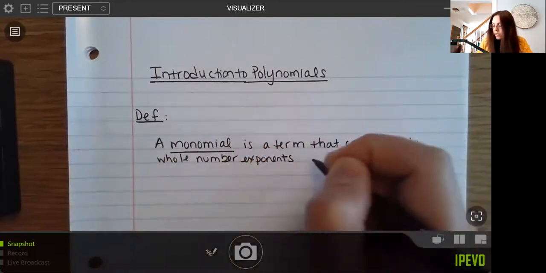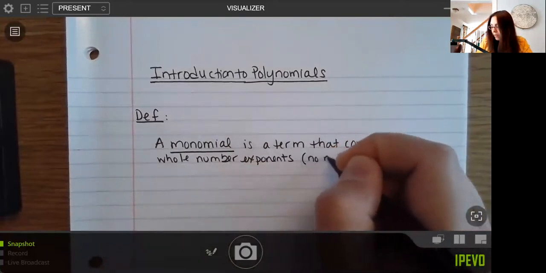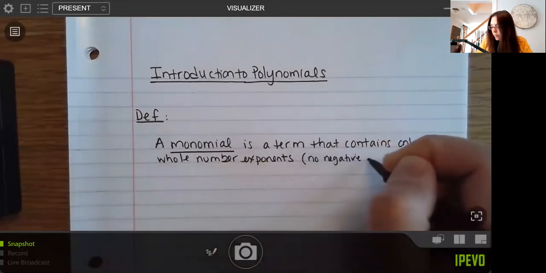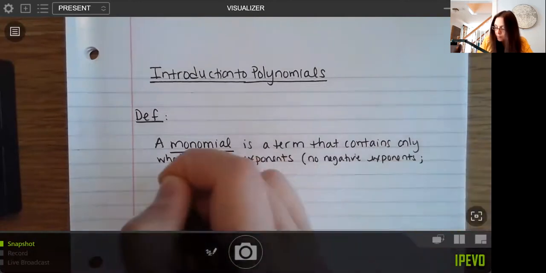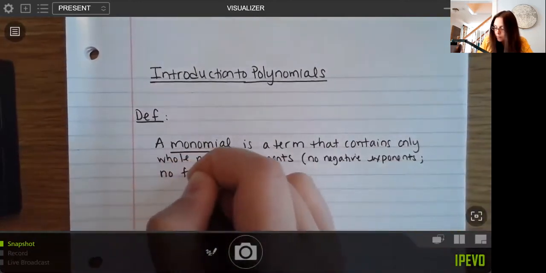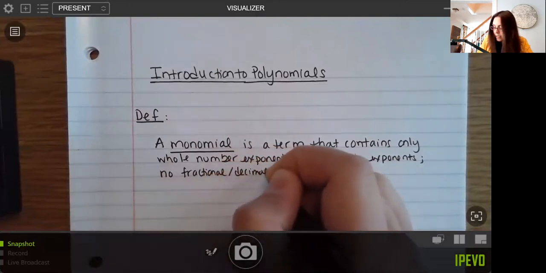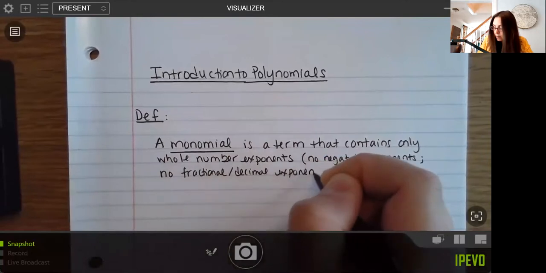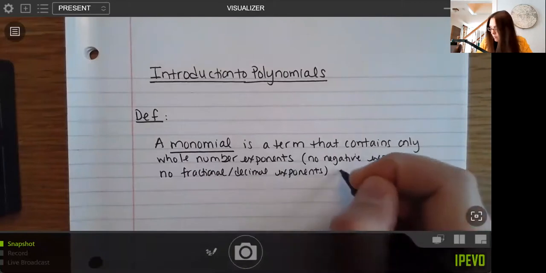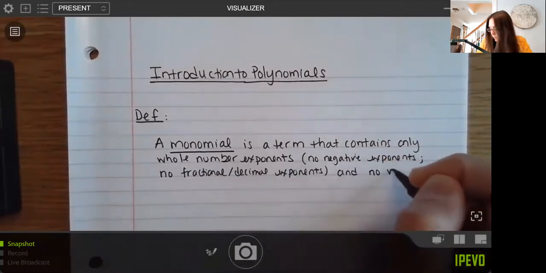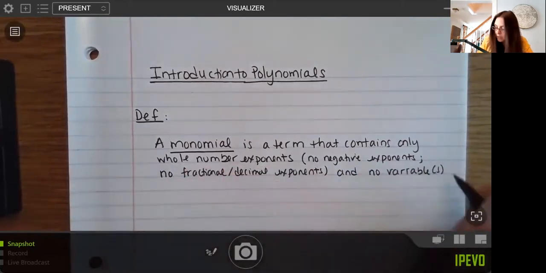Okay, so just as a little side note here, so no negative exponents. And no fractional or decimal exponents here. And no variable or variables in the denominator.